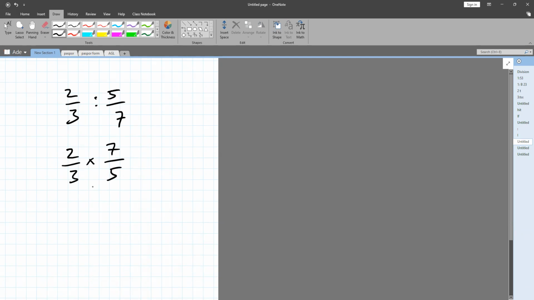You see this number we can't divide by the same number here, so what you do is simply multiply those, which is 14 divided by 15. That's the answer, and we can't simplify it further here.